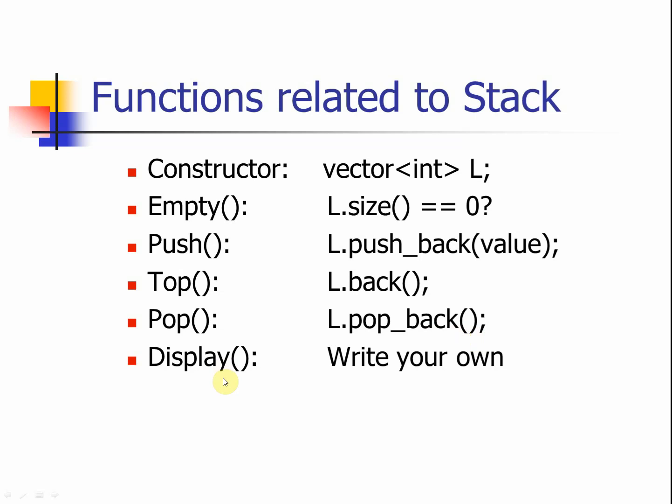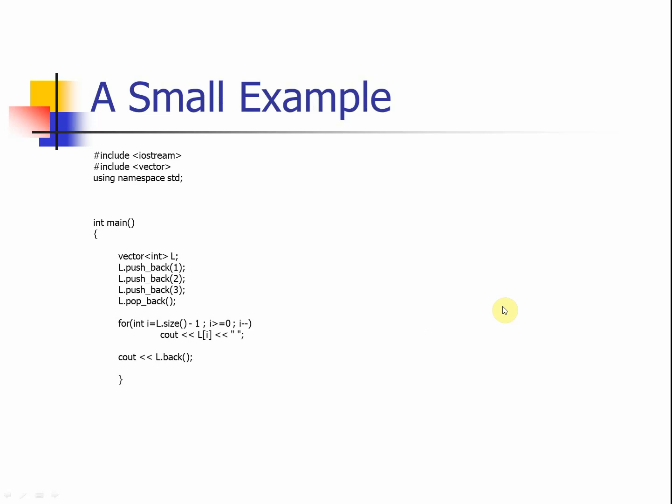To do display, you simply write a for loop from i equal to 0 until i less than L.size(), because you don't know how many elements are there. L.size() will tell you that, and you will be able to go through every single location and output the values that you have.